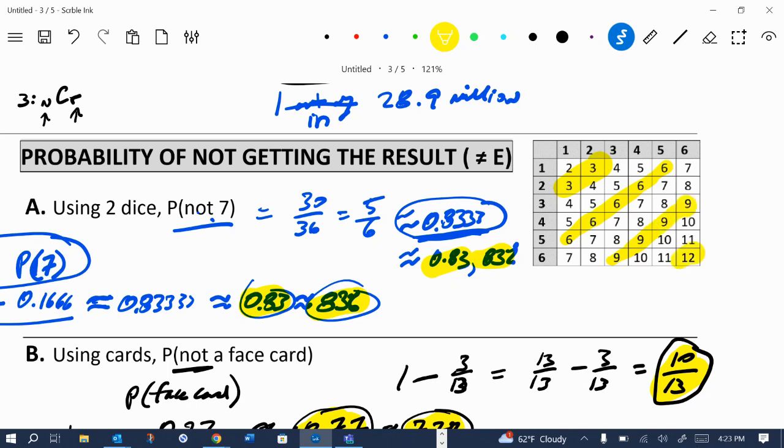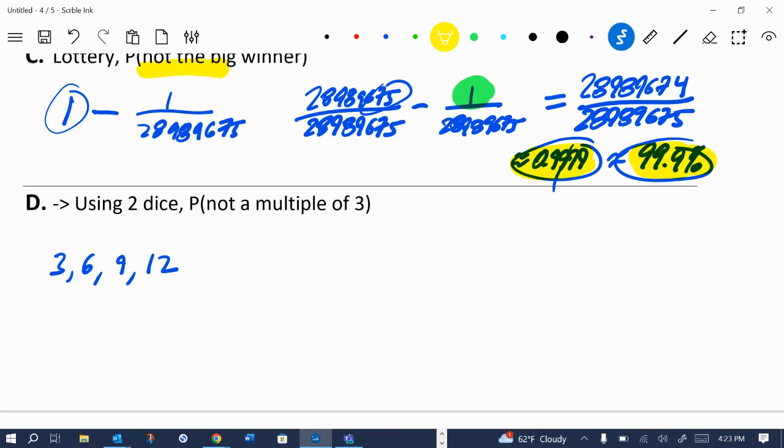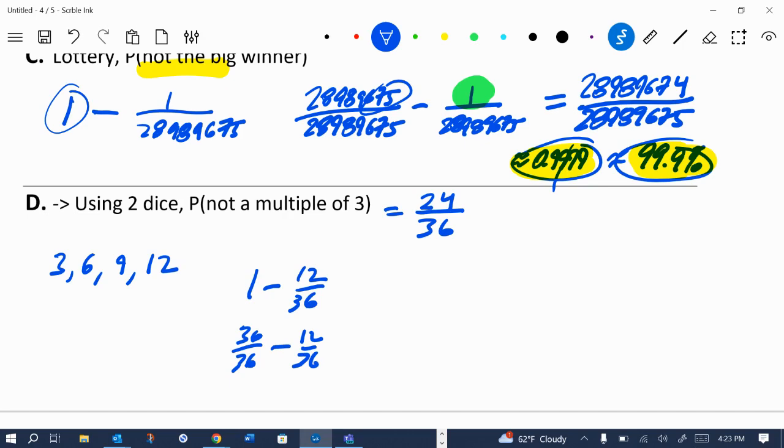So we have to think about how many those are. So we have 5, 6, 7, 8, 9, 10, 11, 12. So there are 12 possible outcomes we don't want. Well, since there are 36 that it could be, there are 36, and there are 12 we won't use, and that means that there are 24 that we will. Or we can do that as 1 minus 12 over 36. That would be 36 over 36 minus 12 over 36.